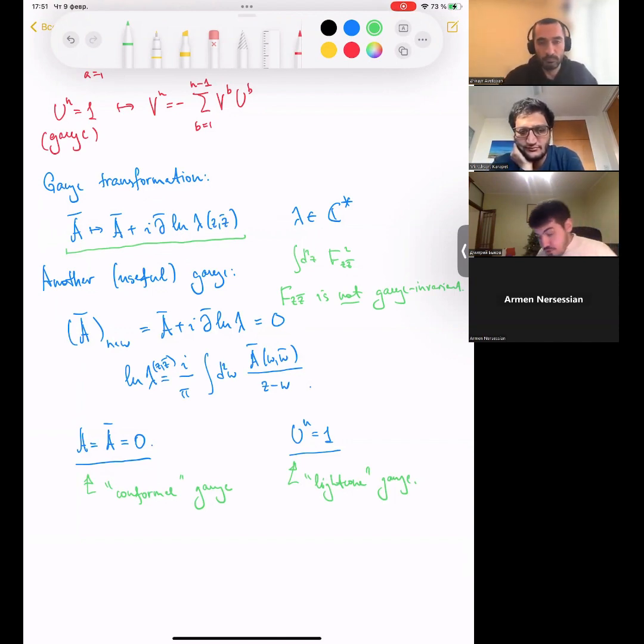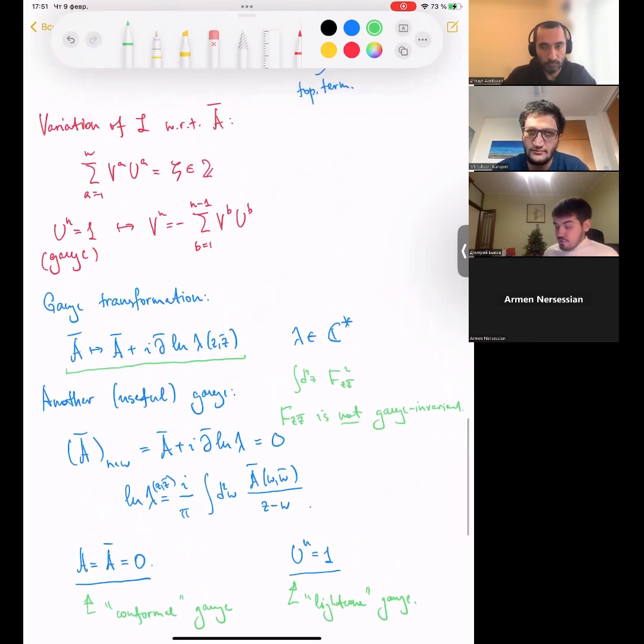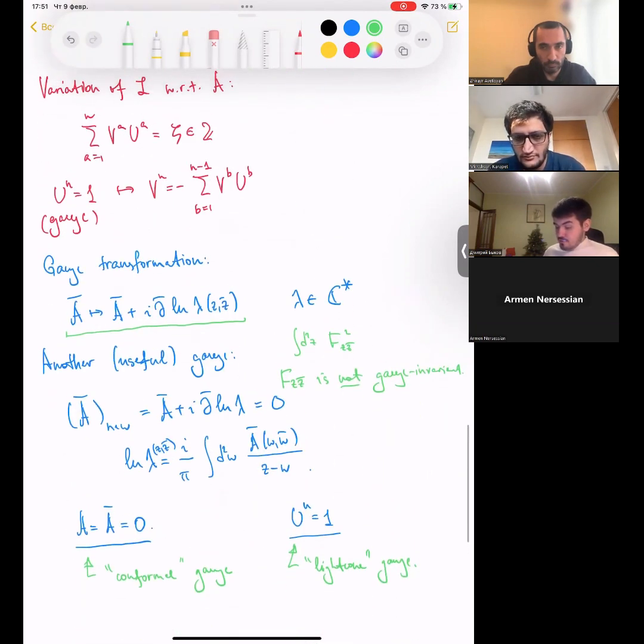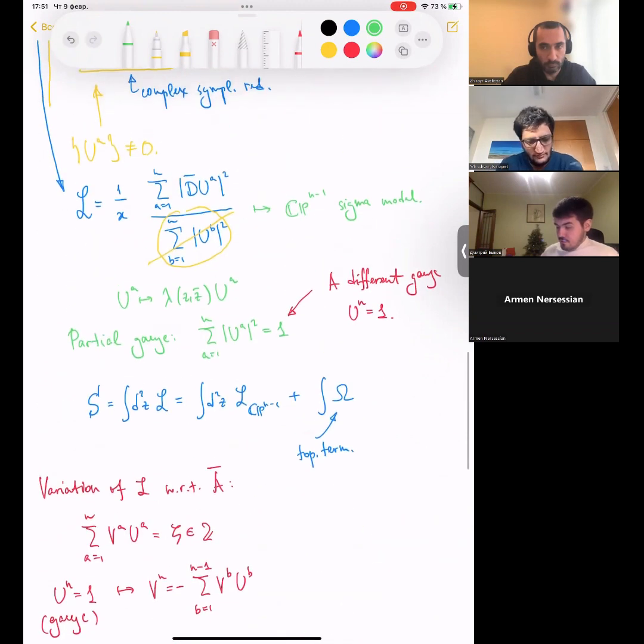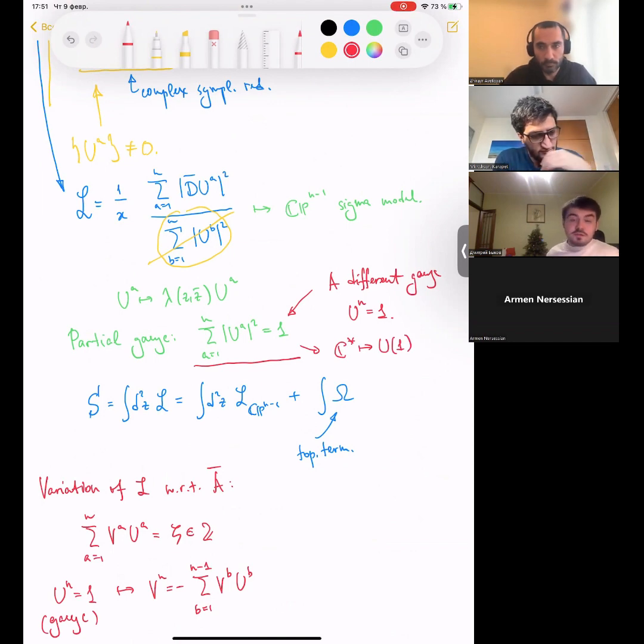So what this approach gives you is that it shows you that the gauge field is topological, can be eliminated, as opposed to the old approaches where one always worked in the gauge U_N squared equals 1, this gauge where C star is already reduced to U(1). And you cannot eliminate the gauge field in that sense, and you have this quadratic constraint.